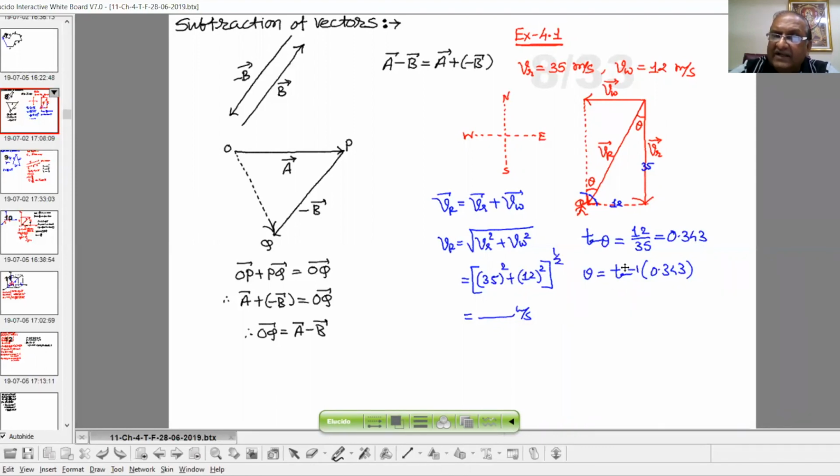So now theta is written as tan inverse 0.343, and this particular value of tan inverse 0.343 we can see from the log table. In the log table, there is the table of natural tangent, and from this particular value we have to find angle theta. Clear to all of you?